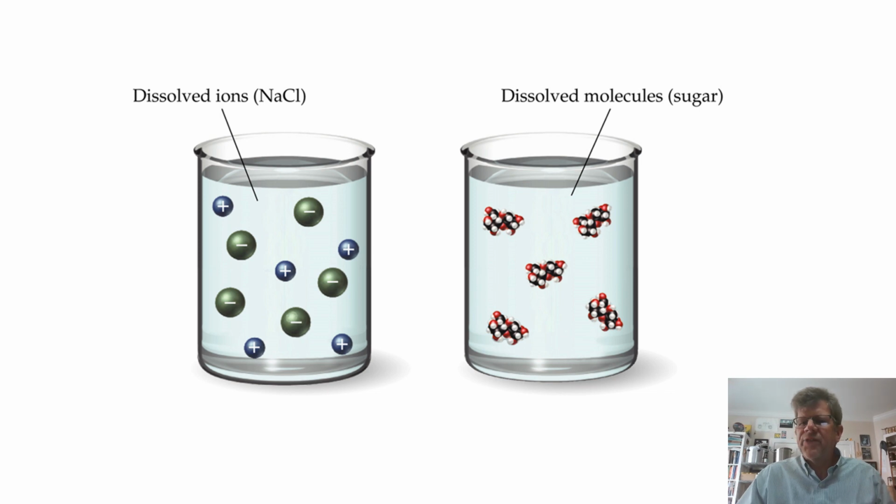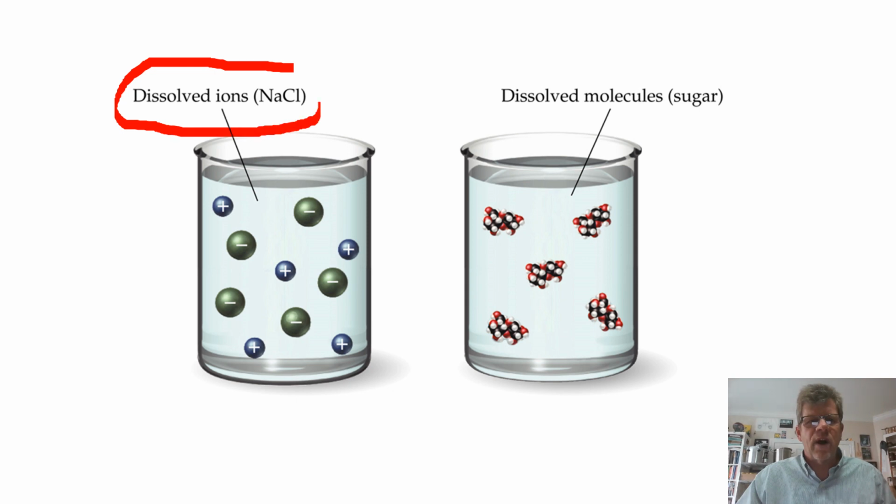Okay, let's define some terms. Where we've gotten a little bit used to a solute being ionic, where we have a solution of dissolved ions, it doesn't have to be that way. We can have a solute which is non-ionic, meaning covalent, but it can still be dissolved in water.